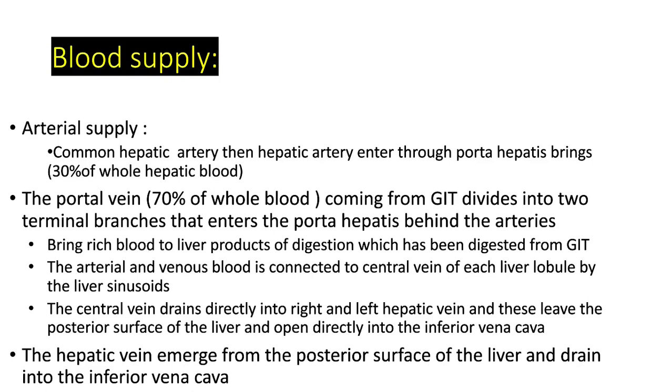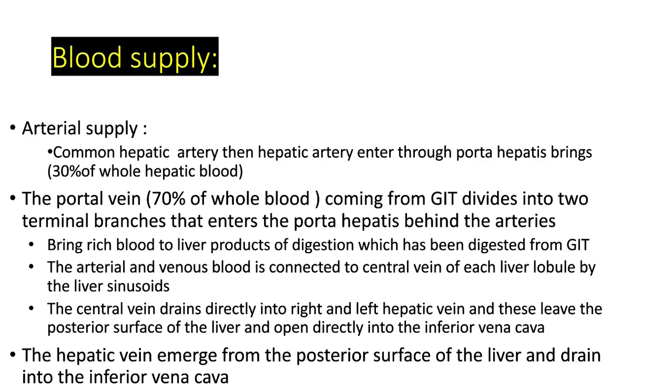The portal vein, which has 70% of the whole blood coming from the GIT, divides into two terminal branches that enter the porta hepatis behind the arteries, bringing rich blood to the liver, the products of digestion from the GIT.